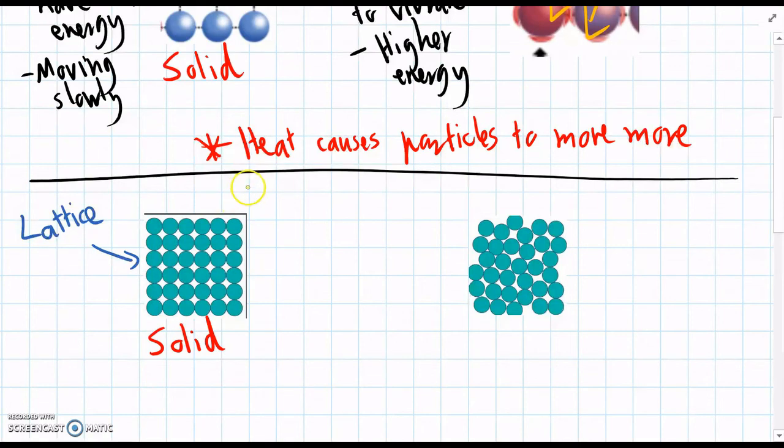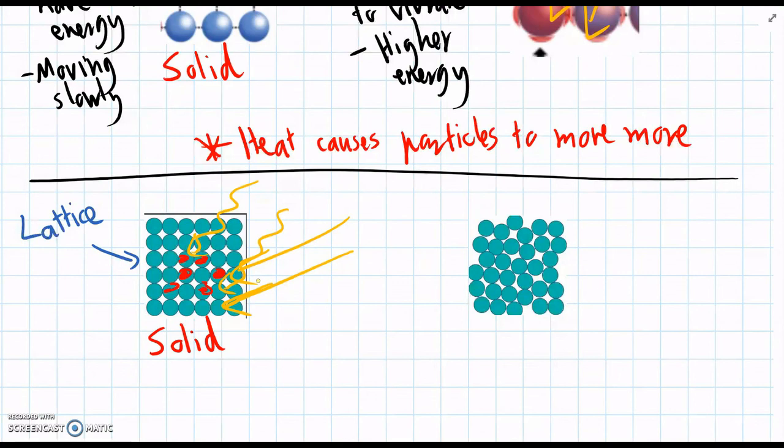And if we start adding heat energy in again, just like we learned, those particles will start vibrating and moving around a little bit. But when we keep adding in energy, when we add in enough energy, suddenly the particles will break apart and they'll be able to move a lot more freely.